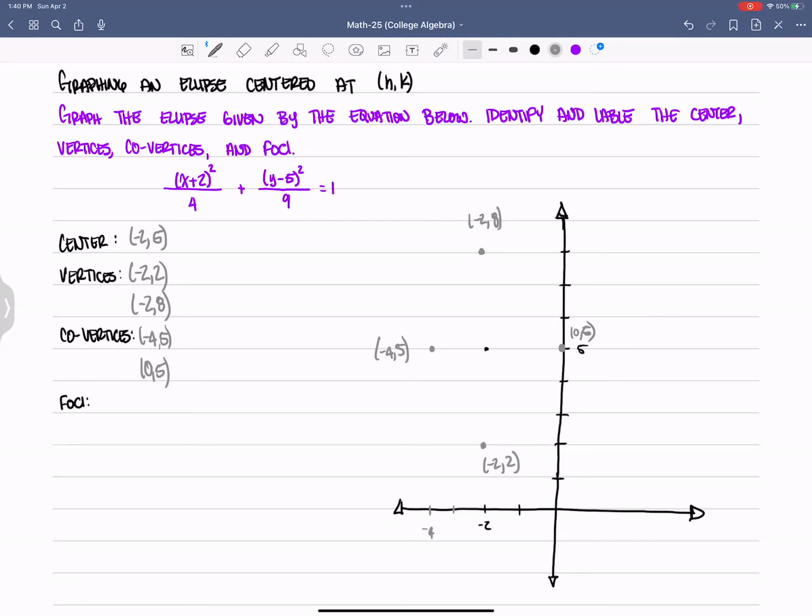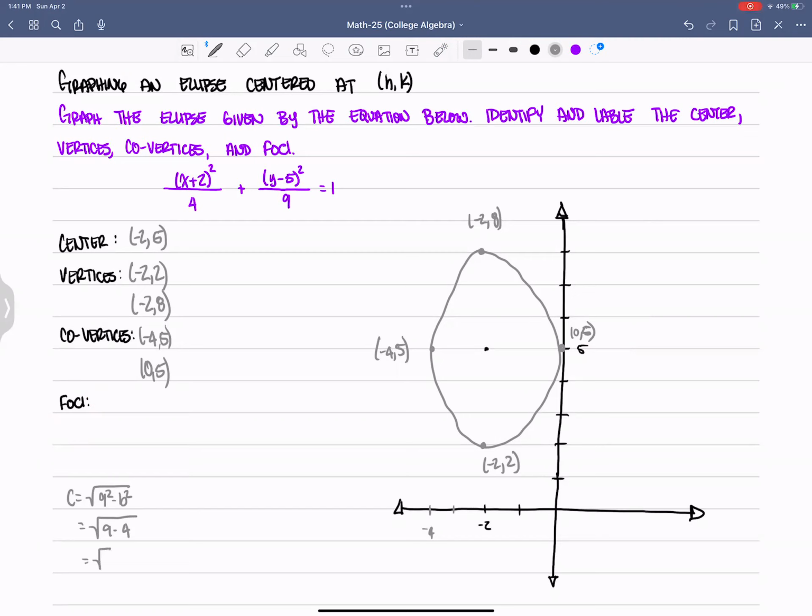From here, we could start graphing. Scale's a little bit off, so it looks a little wonky. But from here, we're going out and figuring out what the foci are. So foci, we have to figure out what c is first. c is equal to the square root of a squared minus b squared. The square root of a squared is 9. b squared is 4.